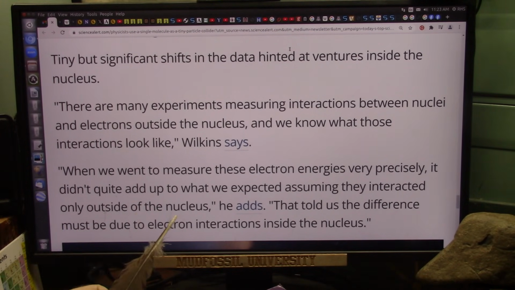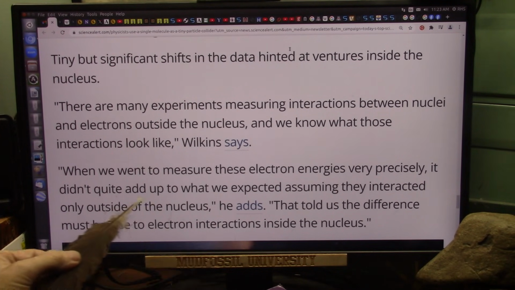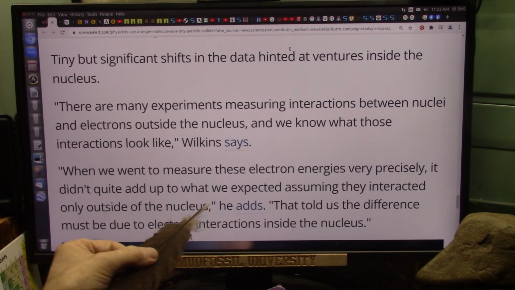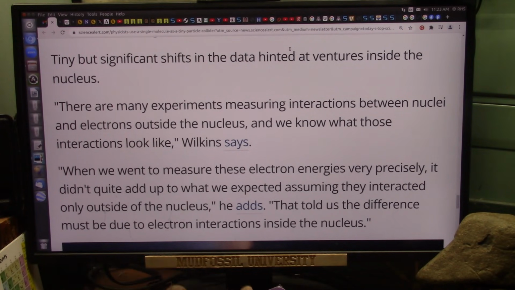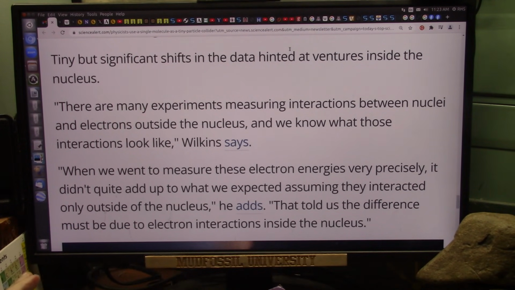Well, when we went to measure these electron energies very precisely, it didn't quite add up to what we expected. No, because you can't measure this. The energies are not going to be consistent. They have to understand dipole electron flood theory. It's all about fields against fields.